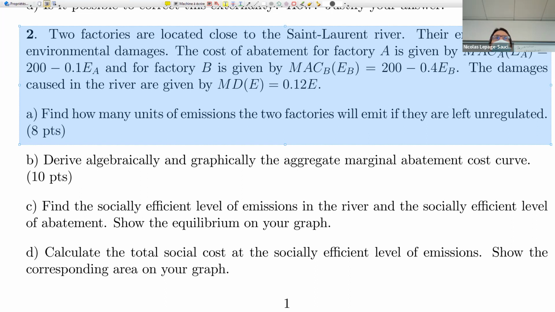Somebody knows? Yeah, it makes sense. So the trick here is just that 200 divided by 0.1 is 2000, and 200 divided by 0.4 is 500.